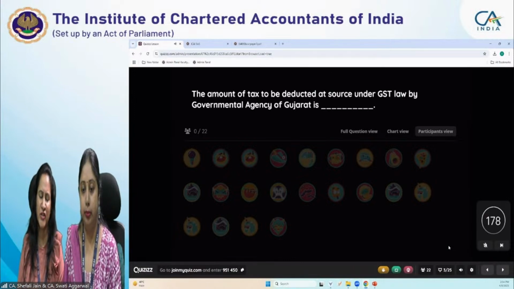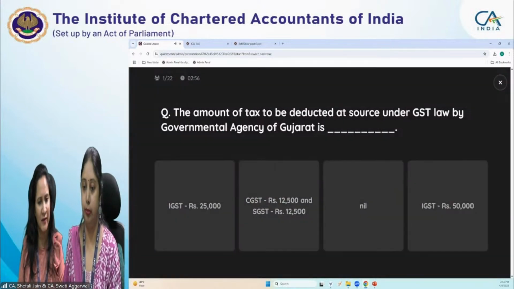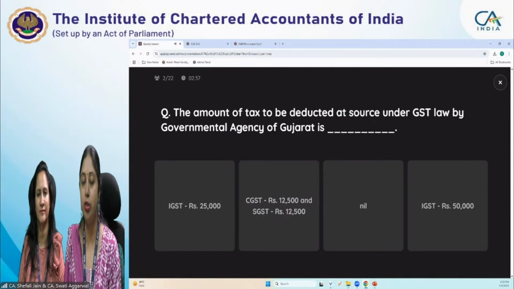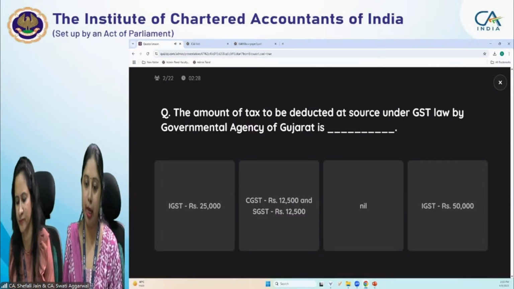So the next question is the amount of tax to be deducted at source under GST law by governmental agency of Gujarat is IGST rupees 25,000, CGST 12,500 and SGST rupees 12,500, nil or IGST rupees 50,000. In fact, we have given more than 2 minutes to you for this particular question. आप computation करनी है, जो भी कुछ आपको करना है, so that you get sufficient time to understand the concept and apply it in this question.